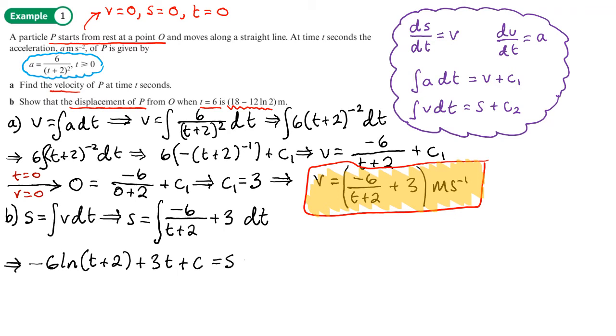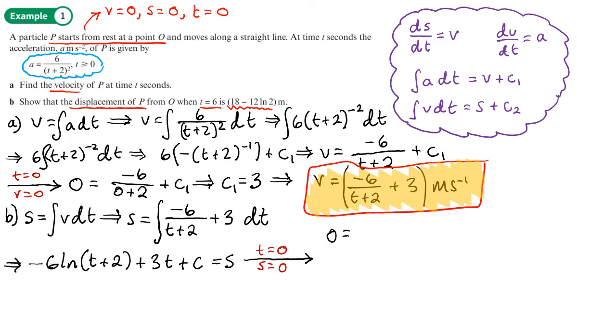I've been given some initial information back at the top again. When s is 0, t is 0, and I'll substitute that in so that I can find c. So let's start with s.